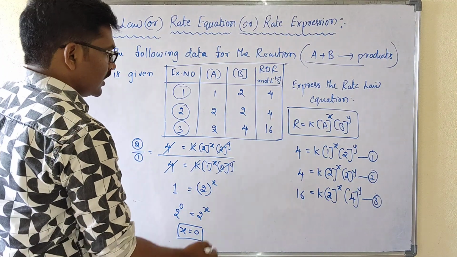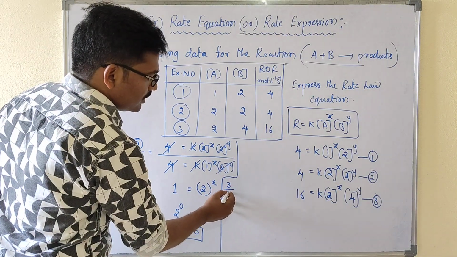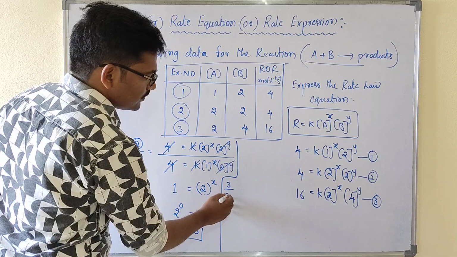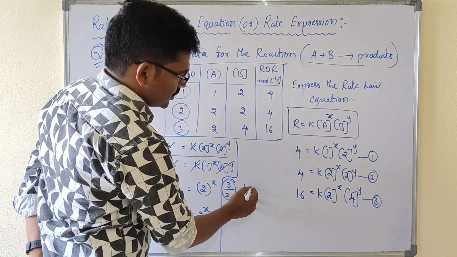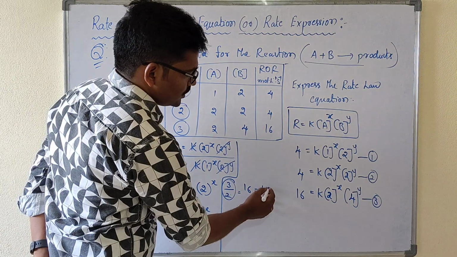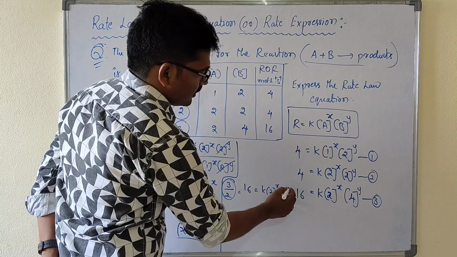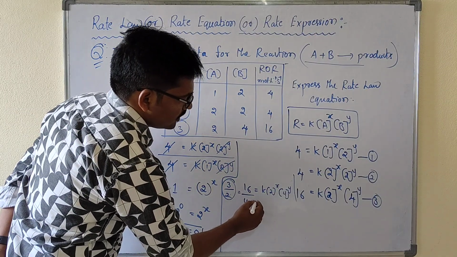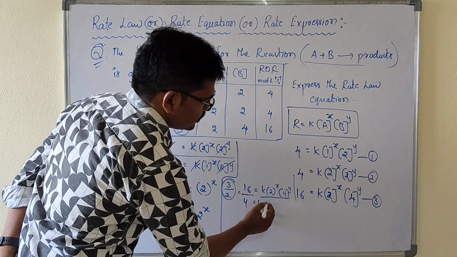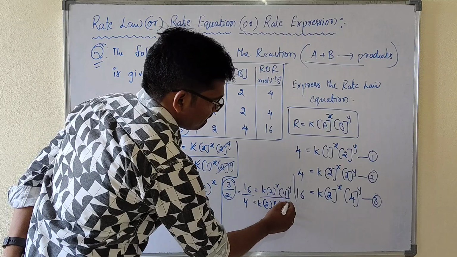The next one, you can take equation number 3 divided by 2. Then what will be there for 3? 16 equals k into 2 power x, then 4 power y, divided by 4, which equals k into 2 power x, then 2 power y.